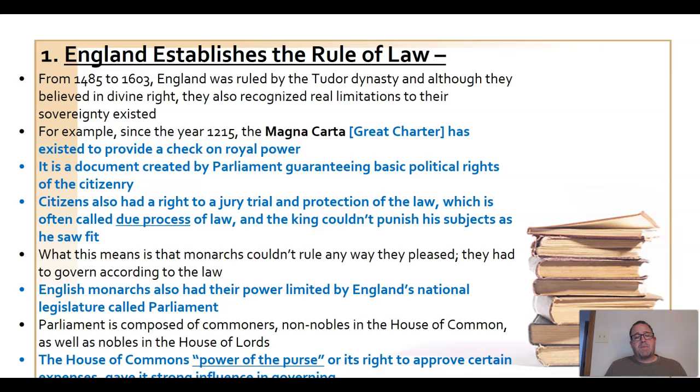There was also something known as the due process of law that the Magna Carta creates. What that does is it offers protection to the English subjects so that they can't be imprisoned because a monarch views them as an enemy of the crown.